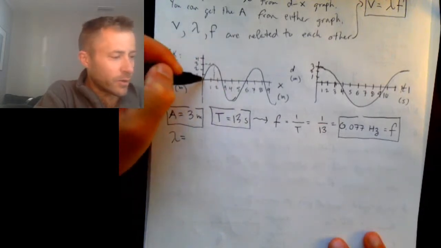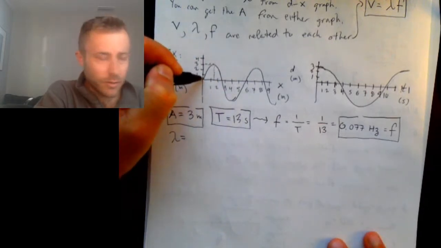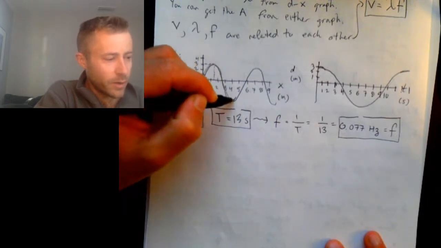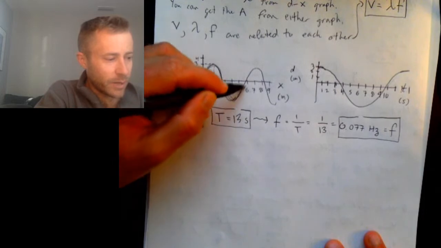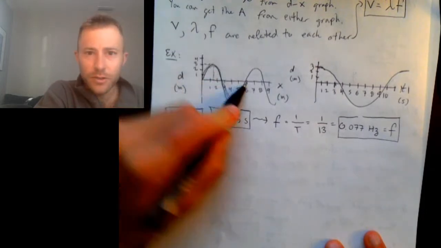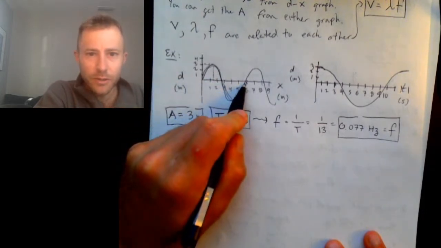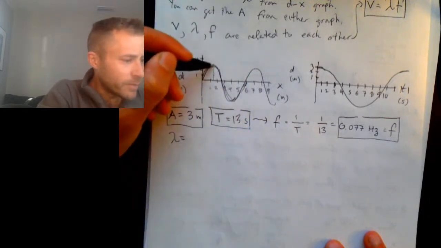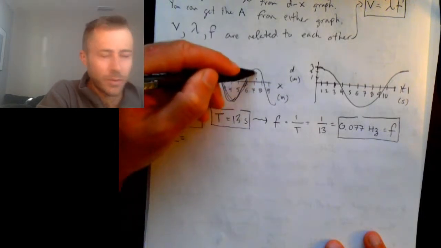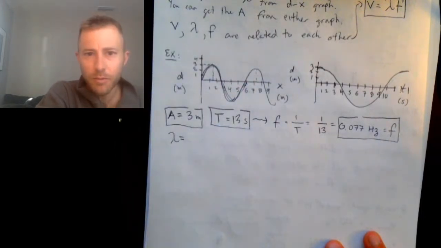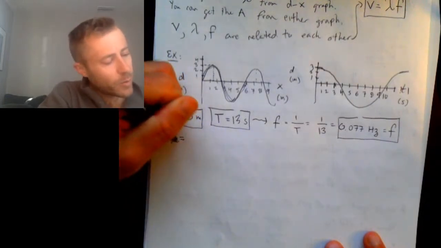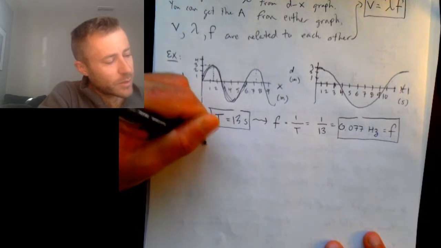So I can calculate the wavelength as the space for a full vibration. So down, up, down, and back to center. And so I can see that that took about 6 meters of space. Alternatively, I could look at this peak is about 1.5, and this peak is at about 7.5. So that means that the wavelength is about 6 meters.